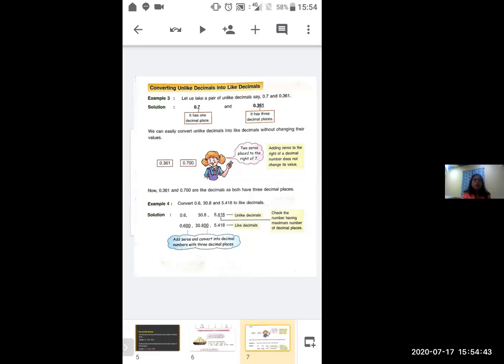How? We add two zeros to the right of 7, so it becomes 3 places. So both now have an equal number of decimal places. This is the way to convert unlike decimals into like decimals.